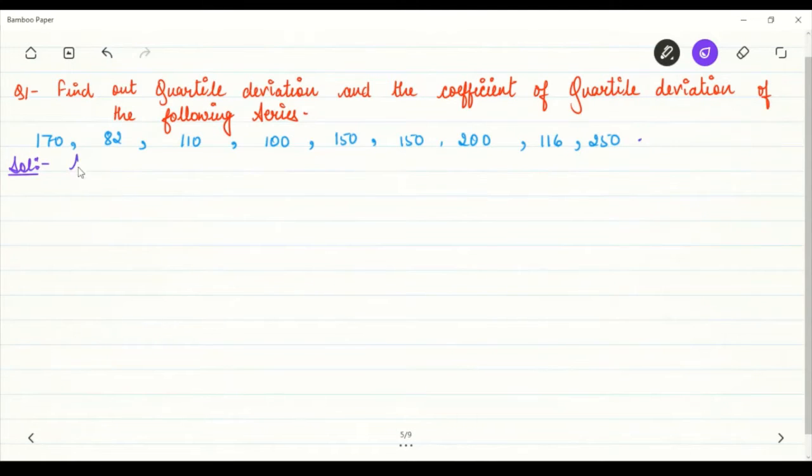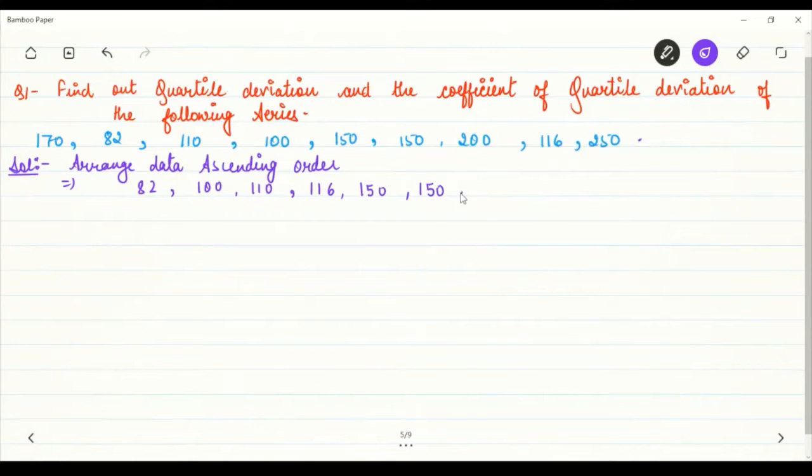When we arrange the data in ascending order, we get 82, then 100, 110, 116, 150, 150 is repeated 2 times, then 170, 200, and the greatest value in this data is 250.